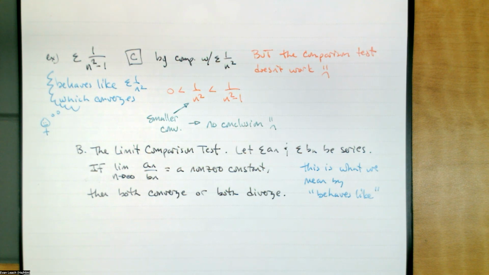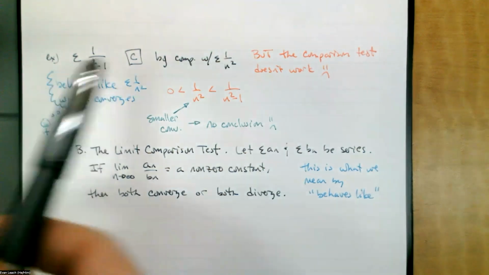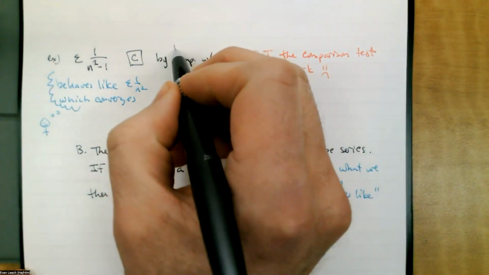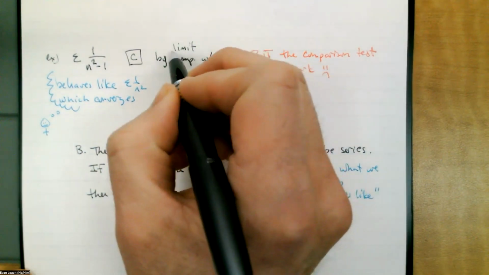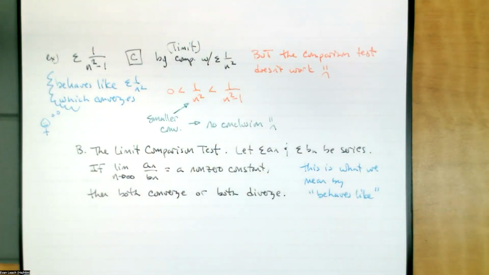In the long run, 1 over n squared minus 1 behaves like 1 over n squared because the ratio of 1 over n squared minus 1 to 1 over n squared will be equal to a non-zero constant. Specifically, we'll be using a limit comparison, but a limit comparison is still a comparison.